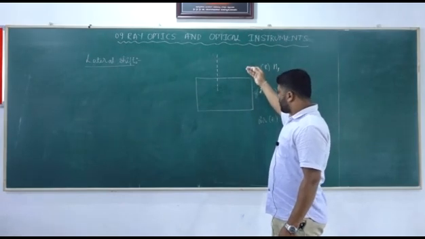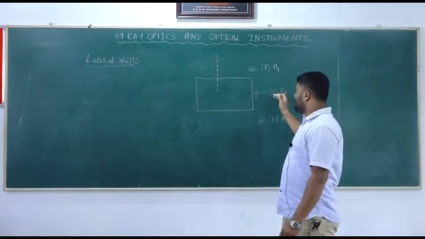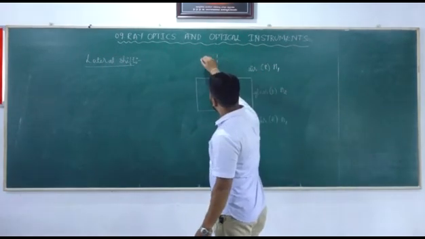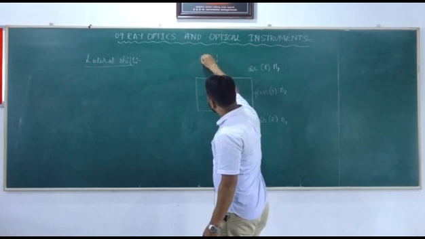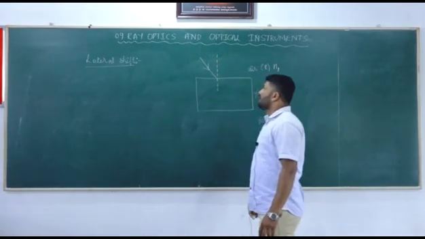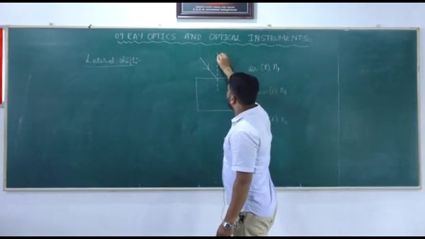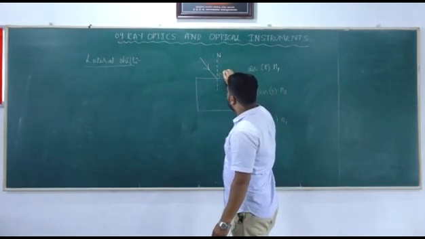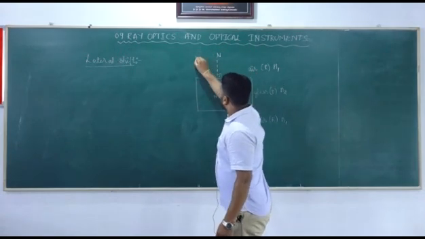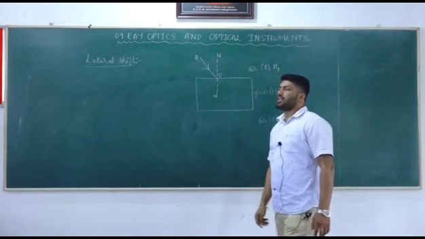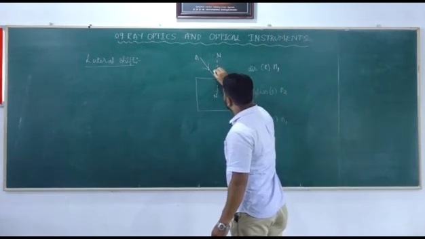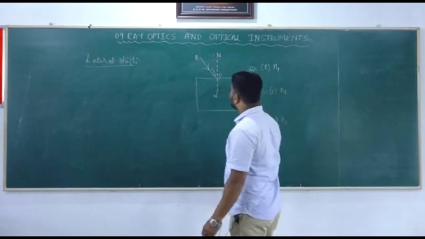When light passes into another medium, it becomes the second medium. When the light is incident on the glass slab, the normal is mentioned as NO N dash. AO is the incident ray, and AON is the angle of incidence.